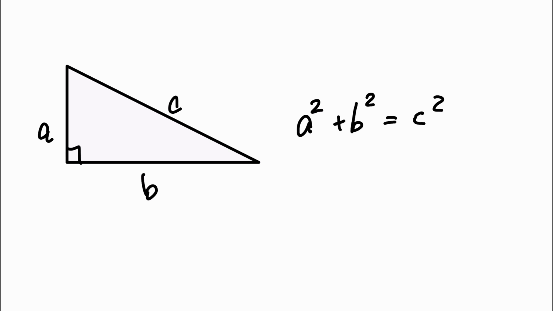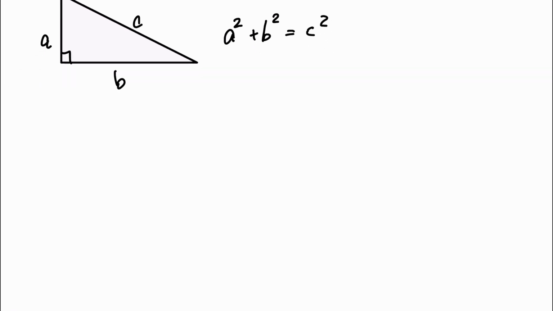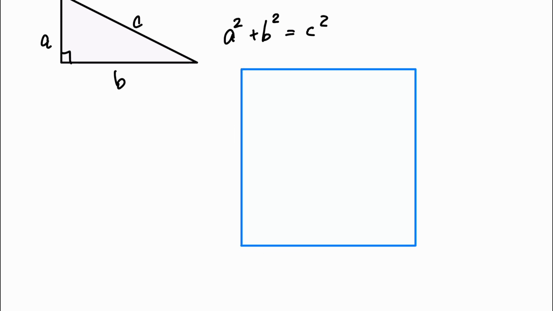Since the expression consists of squares, we need to try to somehow get squares involved, and for squares, their area is just the side length squared. So if we somehow get squares involved and use the area, we can try to prove that. Let's say we draw a square with side length a plus b, then divide it up somehow.